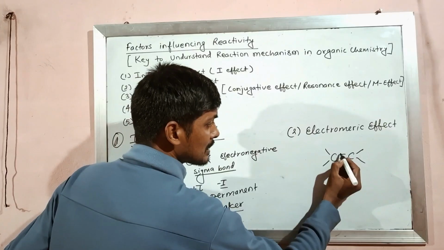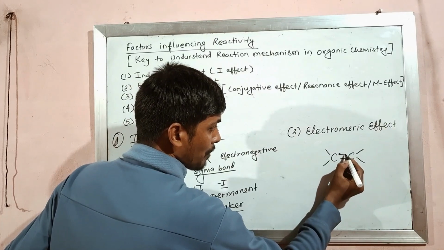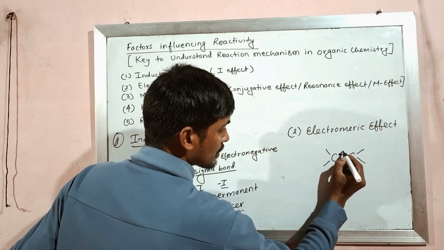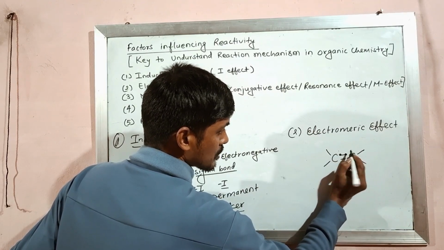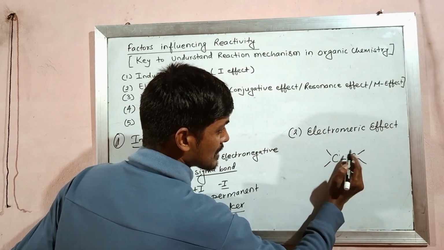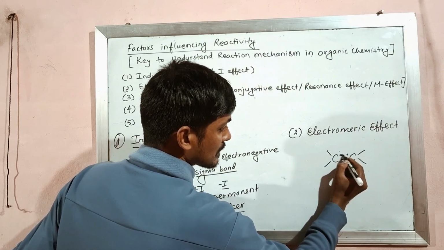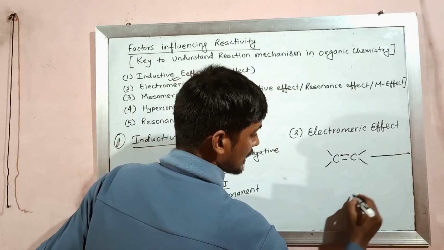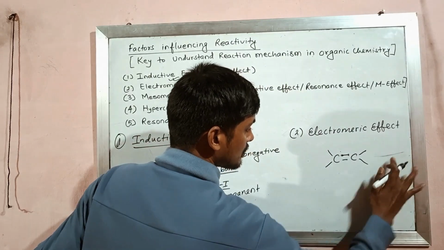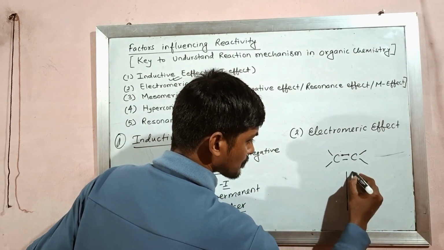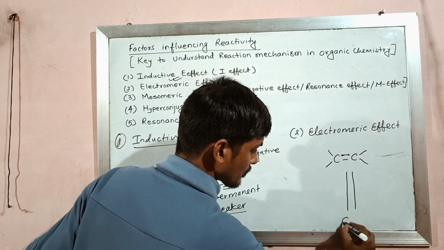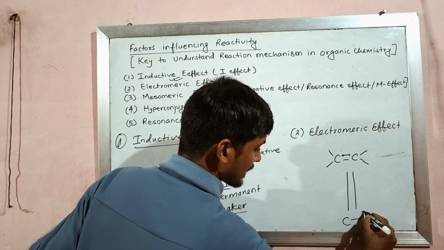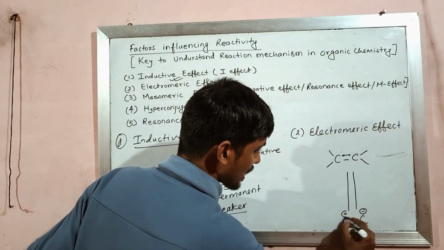Now if the pi electrons shift towards one of the carbons, suppose towards this carbon, it develops a negative charge and the other develops a positive charge.